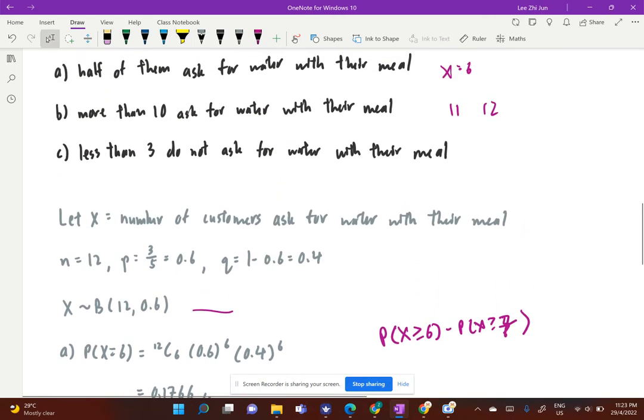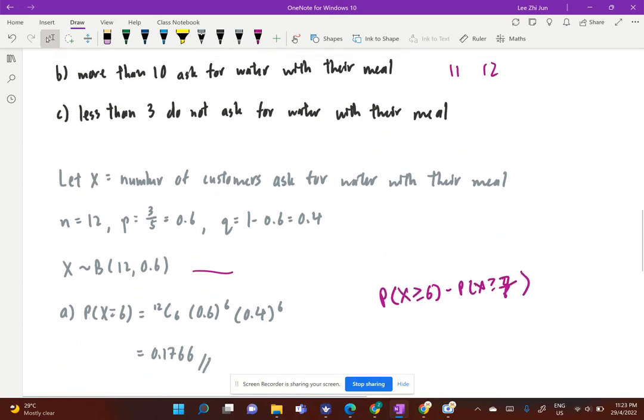Last, less than 3 do not ask for water with their meal. For this, you can go two ways. You can just let Y, you no longer use X, use Y as the number of customers who do not ask for water. And you just reverse the p and q, so you'll get p equals 0.4, q equals 0.6.